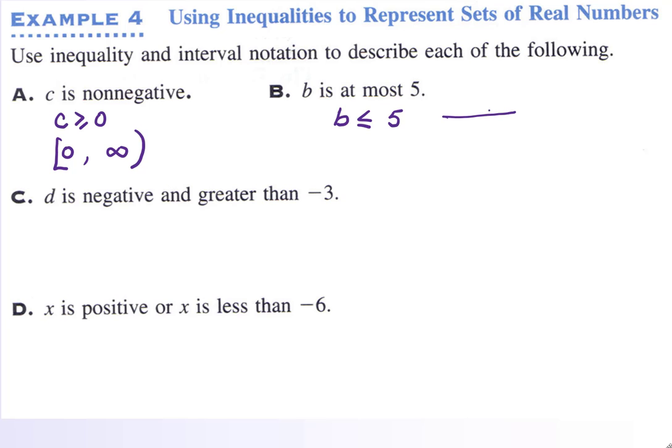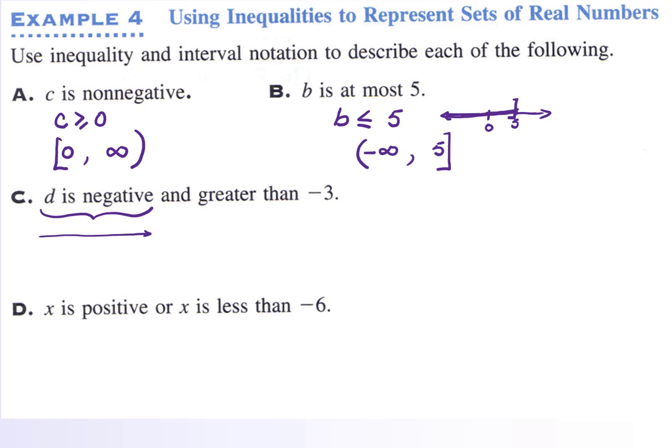B is at most 5, means that B is less than or equal to 5. 5 is a maximum. B is at most 5, means that 5 is the highest value. B is less than or equal to 5. So the interval notation is open parenthesis negative infinity, comma, 5, close bracket.